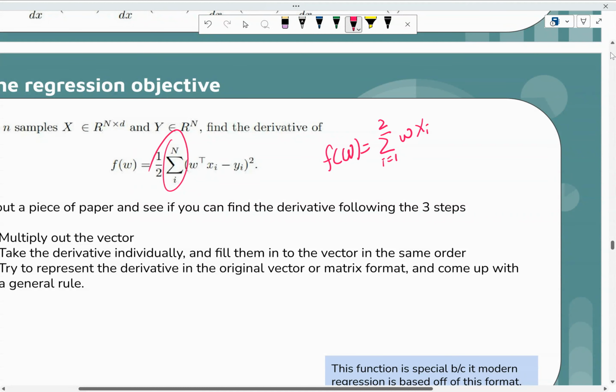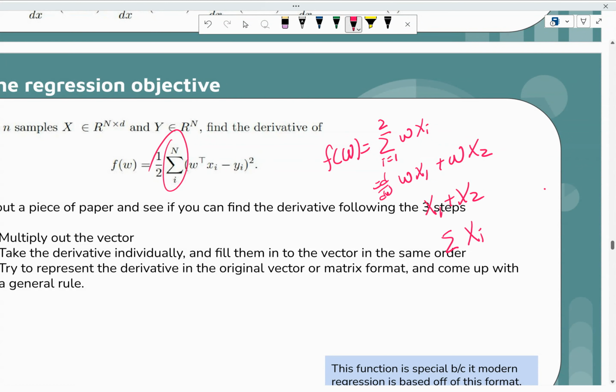So if this is the case, this is equal to wx1 plus wx2, right? If you want to take the derivative of this, then it's just x1 plus x2. Okay, so if you take the derivative d/dw, you're going to get x1 plus x2. Notice how this is equivalent to the summation of xi.